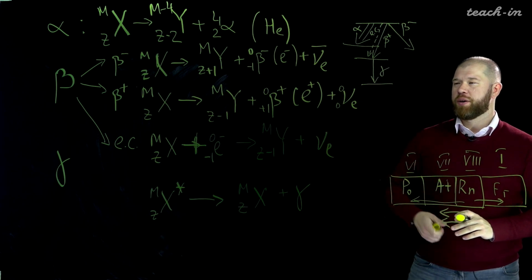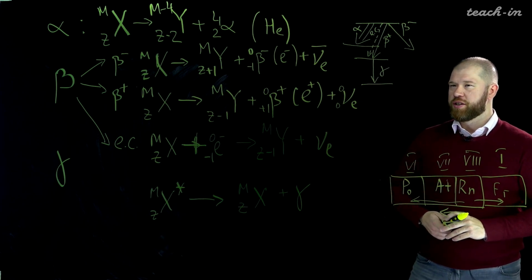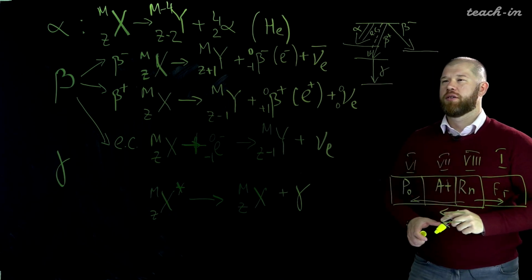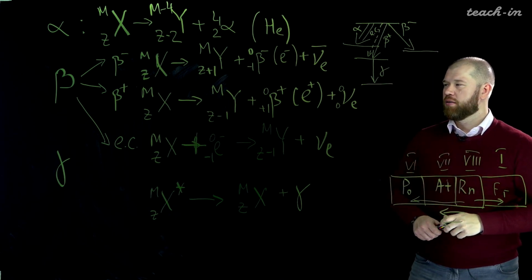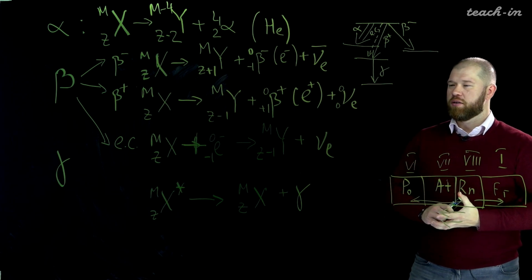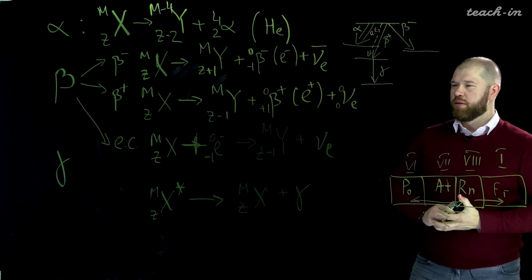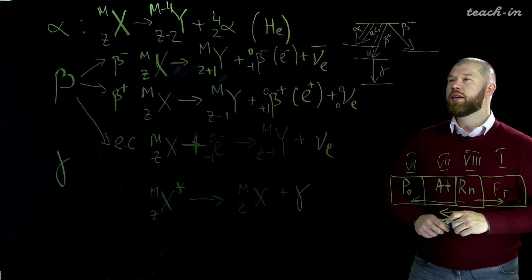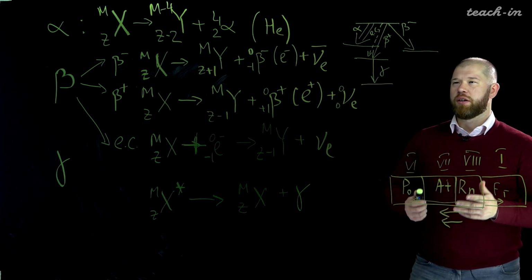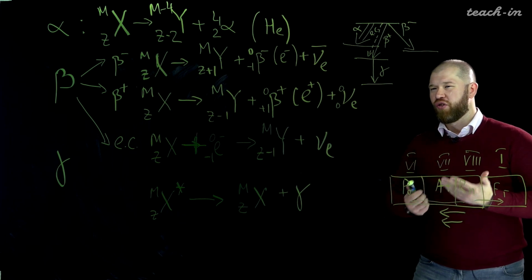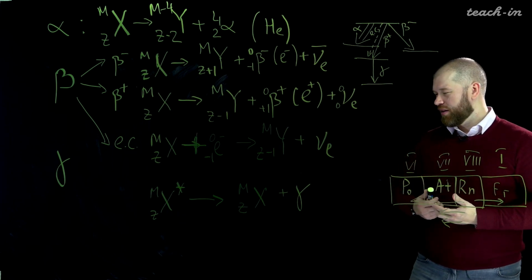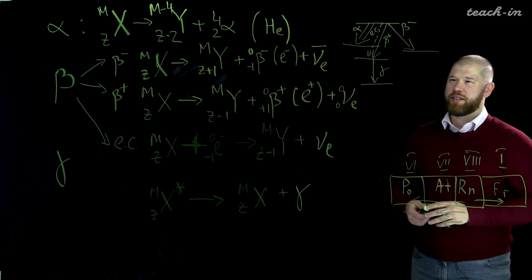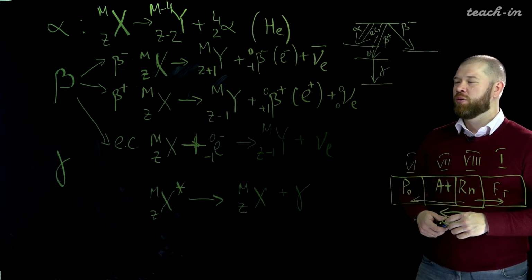So this is how we can represent different types of decays, and in many tables, in many data books, you can see these schemes, and now you can read these schemes, and you can more or less understand what is going on.